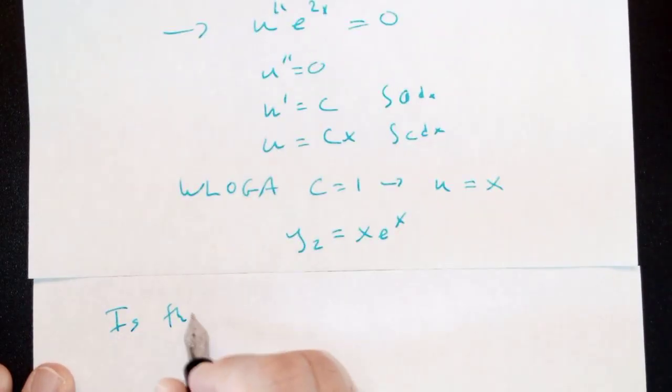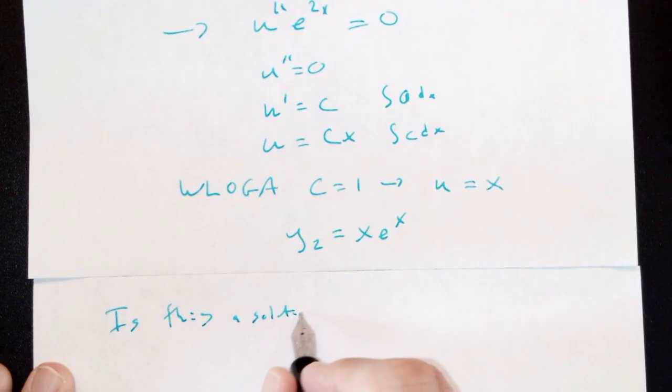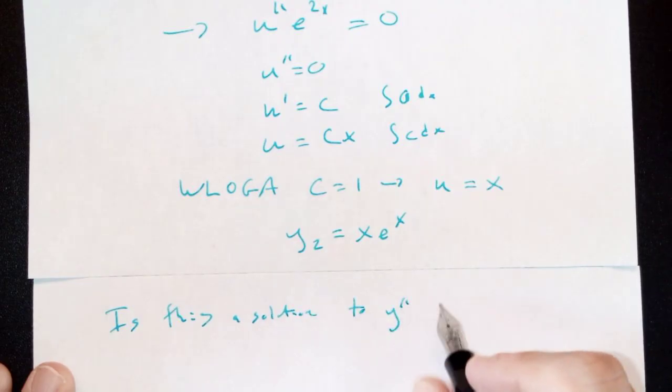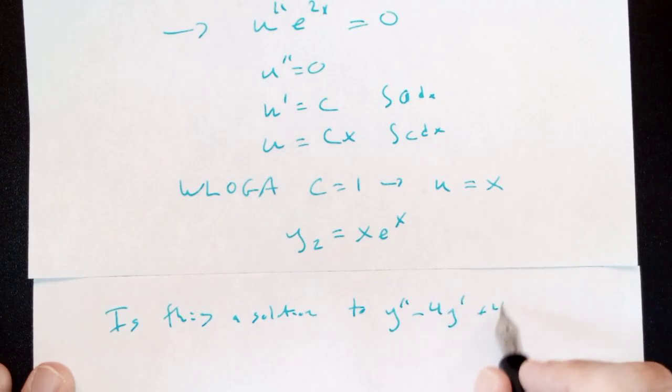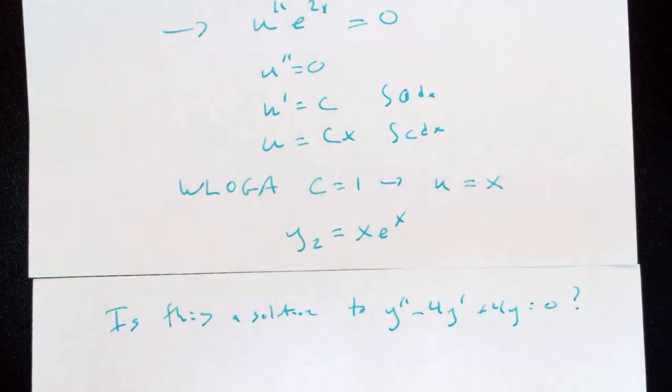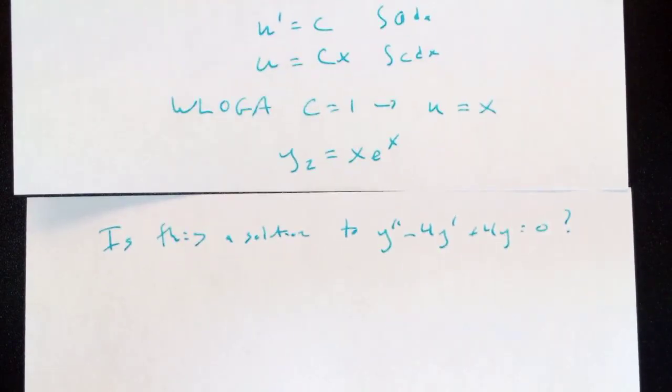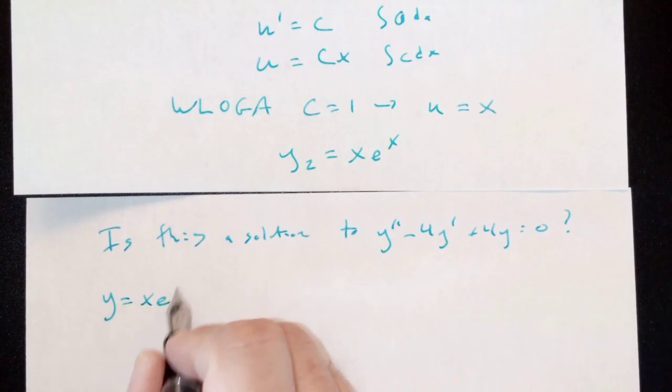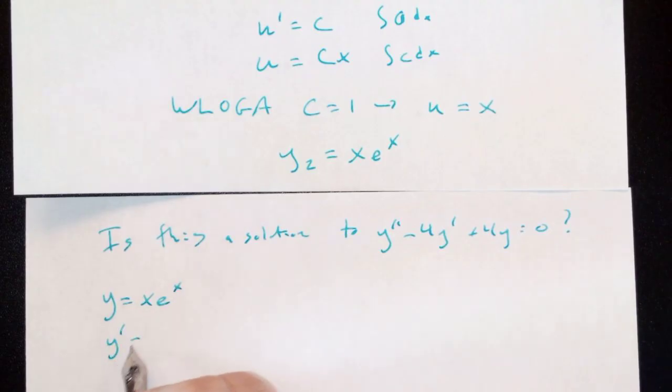Is this a solution to y double prime minus 4y prime plus 4y equals 0? Let's check. I need the first and second derivatives of x e to the 2x. Oh, wait a second. I made a typo.